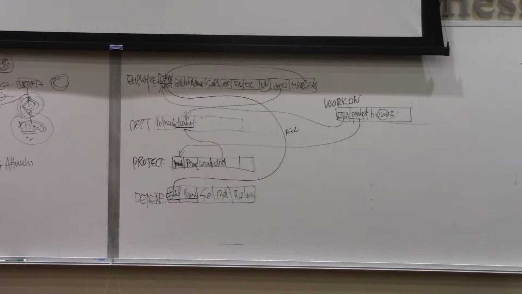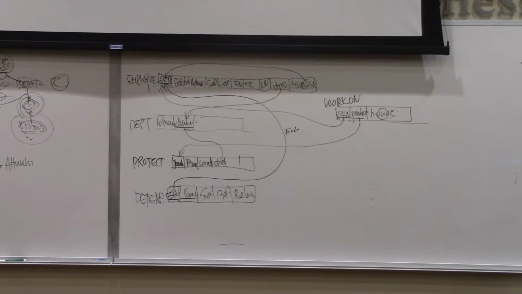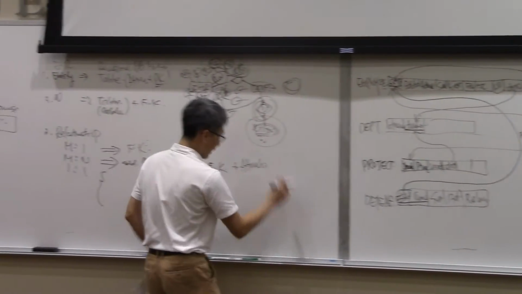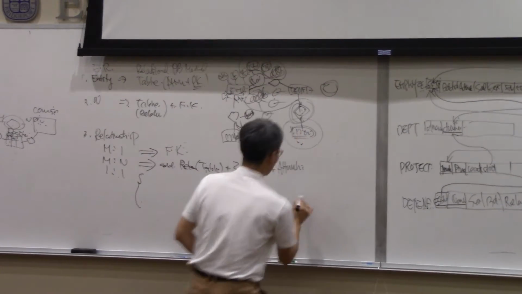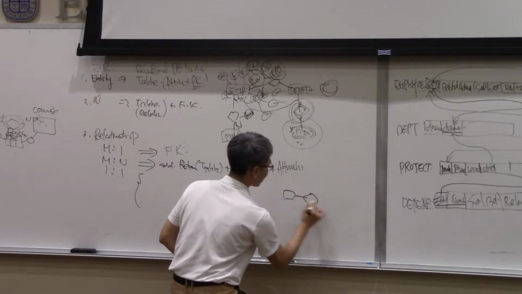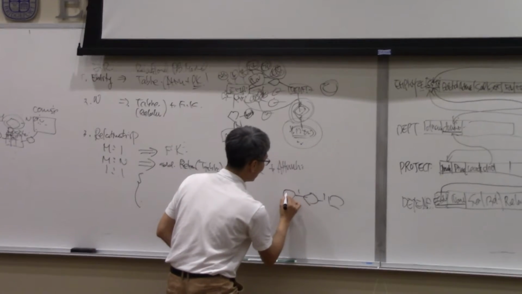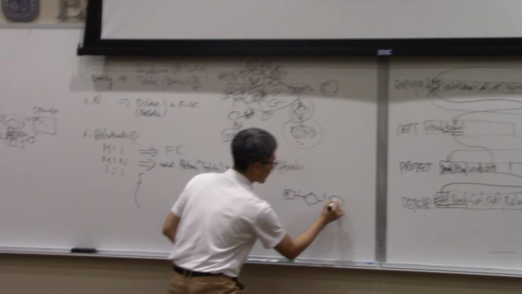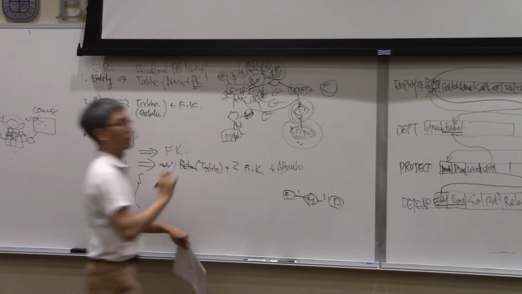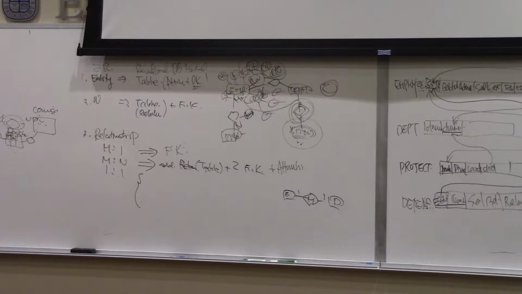For example, where do we have a one-to-one? Like the manager. This is the employee. This is the department. It's the manager. One-to-one mapping. One-to-one relationship.